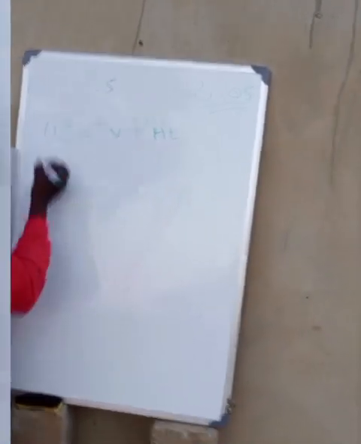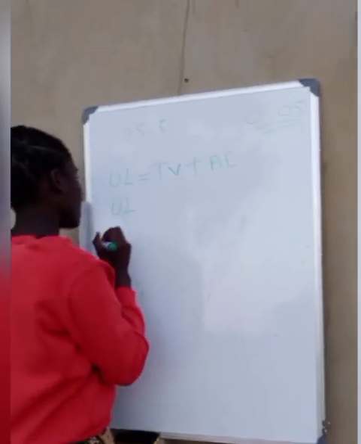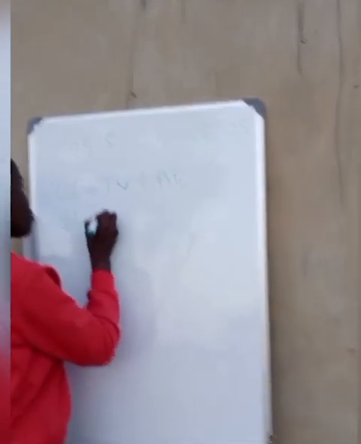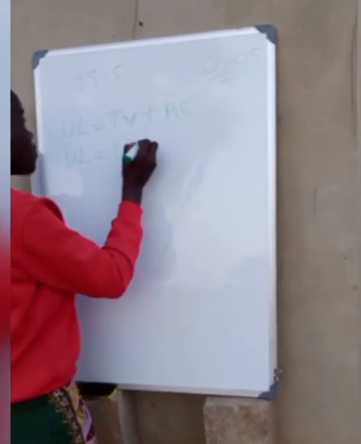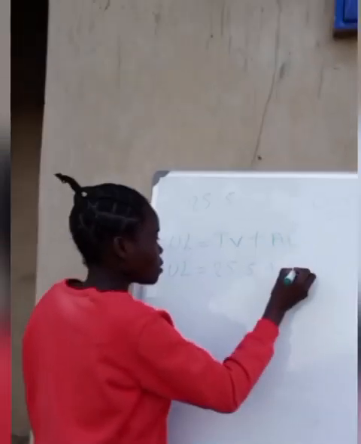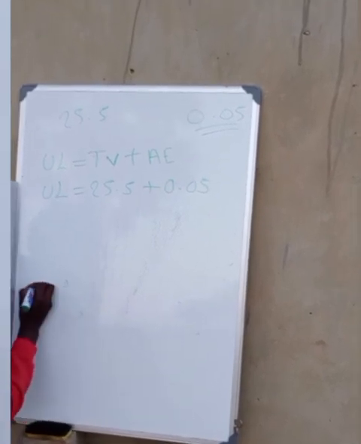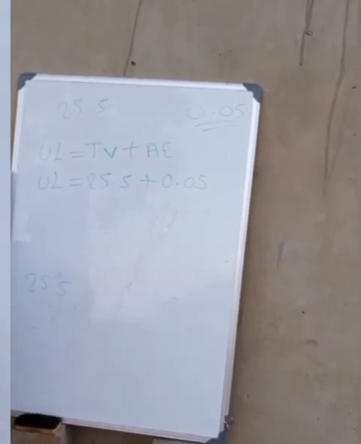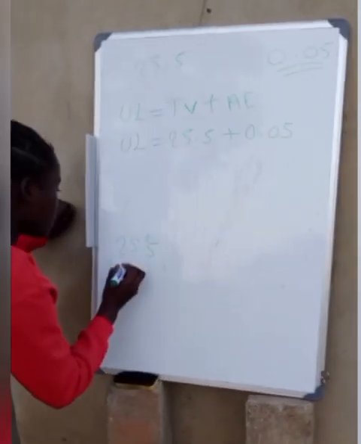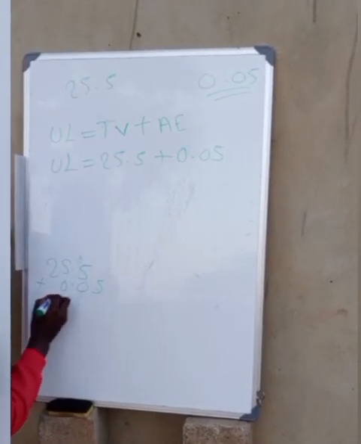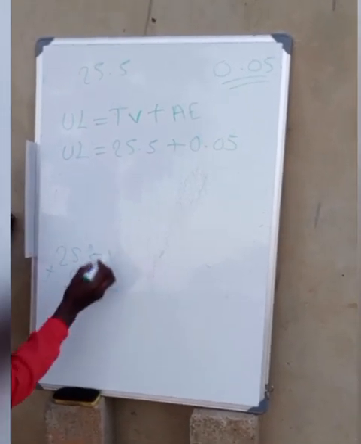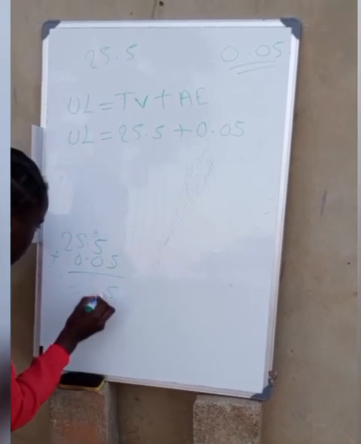The upper limit is equal to 25.5 plus 0.05, which is the absolute error. So 25.5 plus 0.05, which is going to be 0 plus 5 is 5.